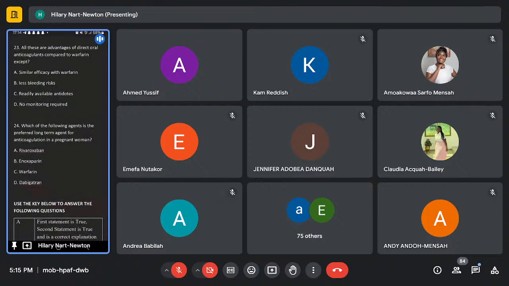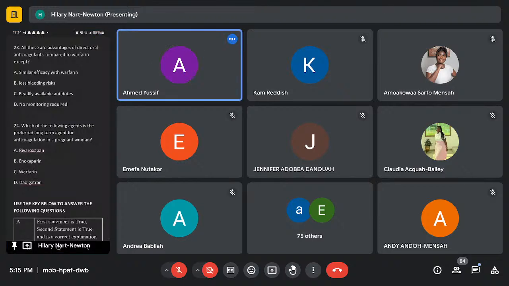24. Which of the following agents is the preferred long-term agent for anticoagulation in a pregnant woman? A. Rivaroxaban, B. Enoxaparin, C. Warfarin, D. Dabigatran. So which one are you going for?